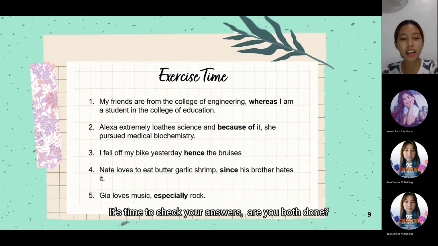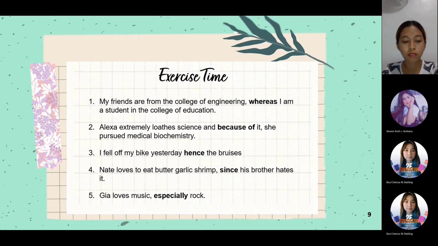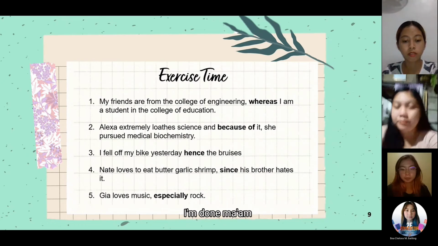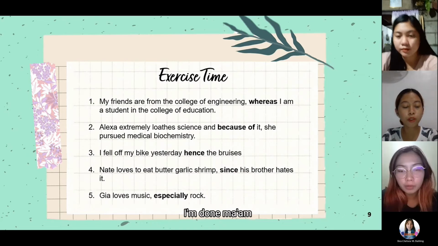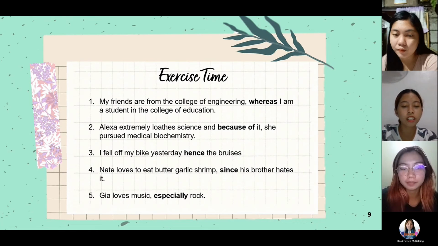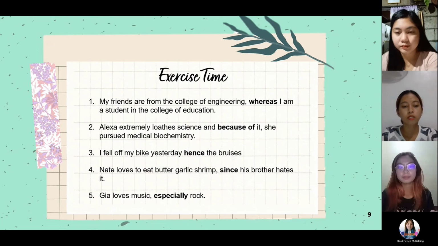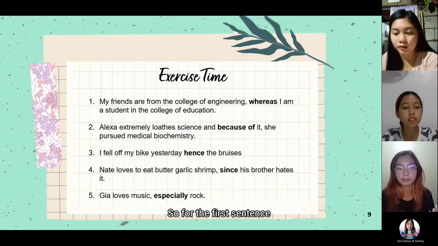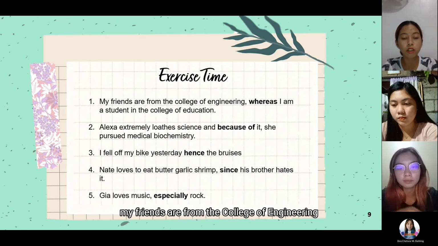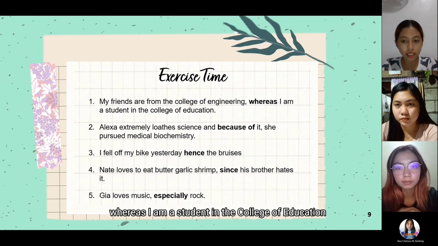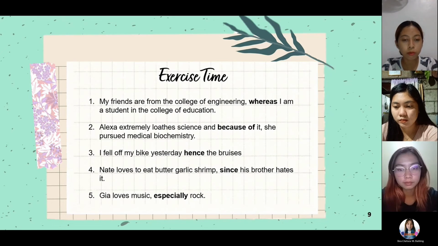It's time to check your answers. Are you both done? I'm done, ma'am. Okay, you're done. So for the first sentence: my friends are from the College of Engineering, whereas I am a student in the College of Education.